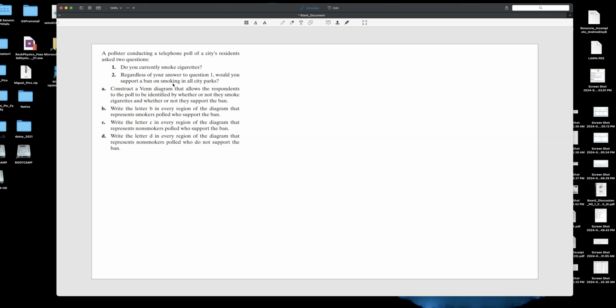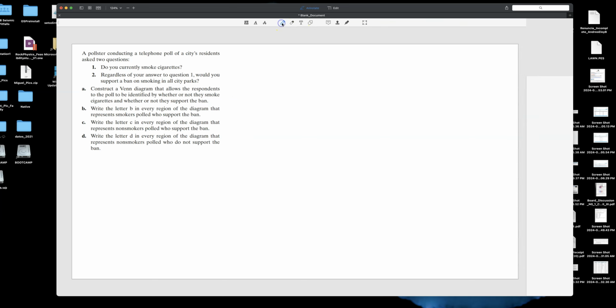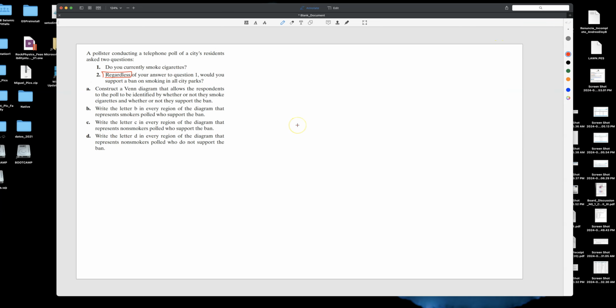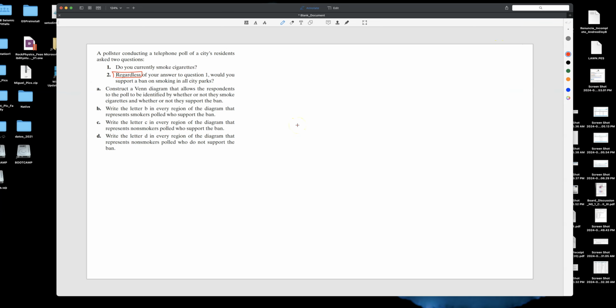In this statement, and let me use the pencil here, the word regardless is very important, because when they say regardless of your answer in question one, what they are assuming is that even if you are currently a smoker, you might be willing to support a ban on smoking in all city parks.